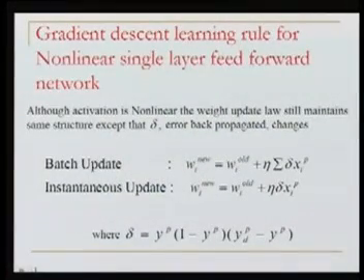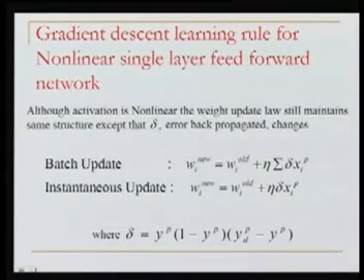So, if we use the sigmoid activation function, that is the previous one, 1 upon 1 plus e to the power minus alpha x, then we can go back to our basic principle of gradient descent rule, and if we apply the gradient descent rule for this nonlinear single layer feed forward network, you will get batch update.